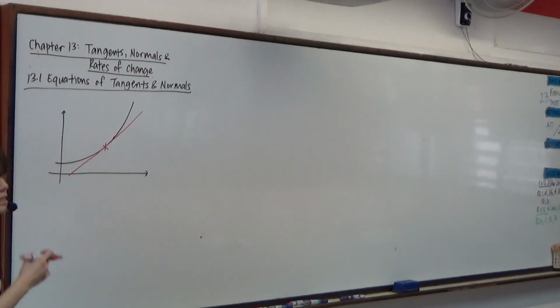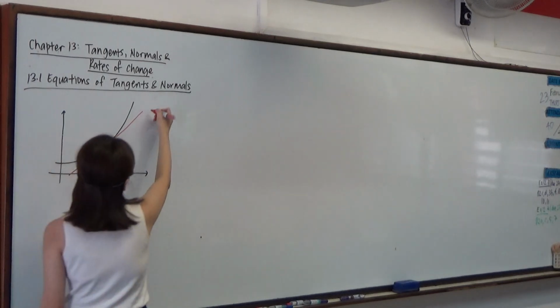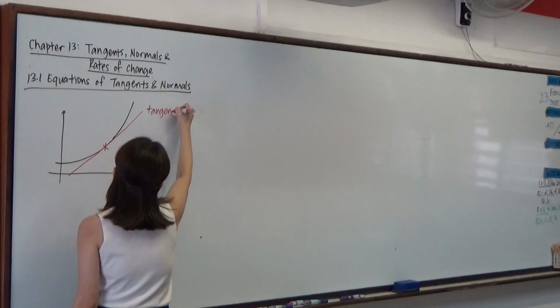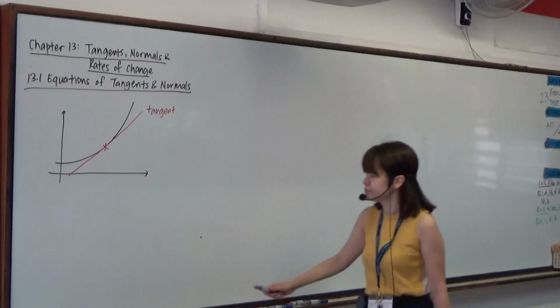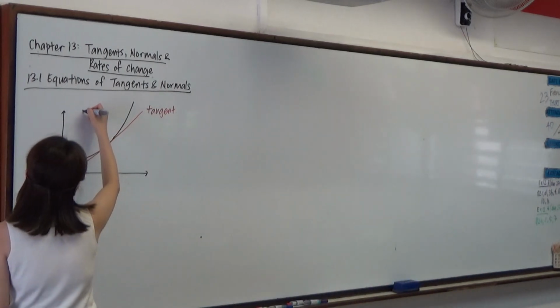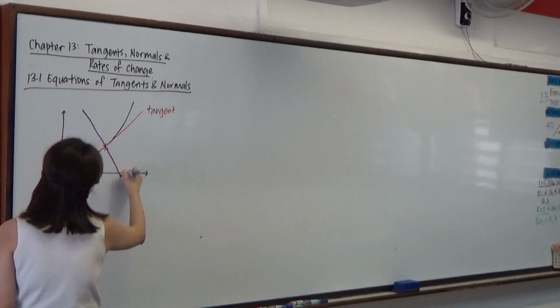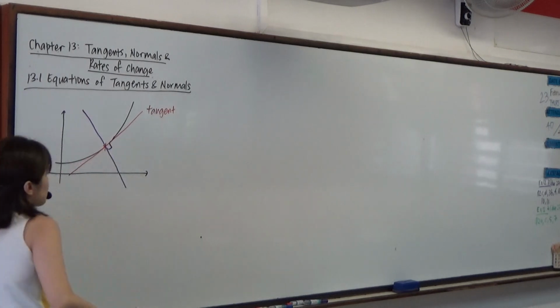So this line itself is what we call a tangent. And then for a normal, a normal will be perpendicular to the tangent, looking something like that, passing through that same point.